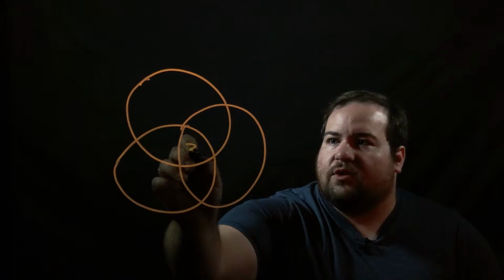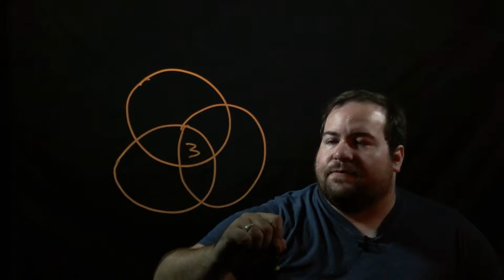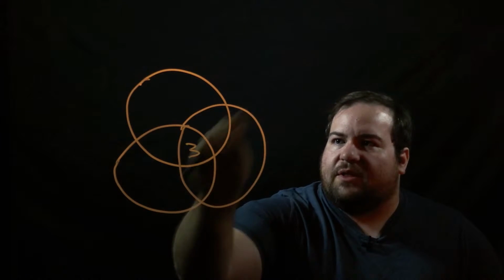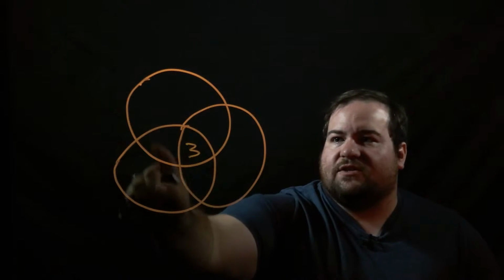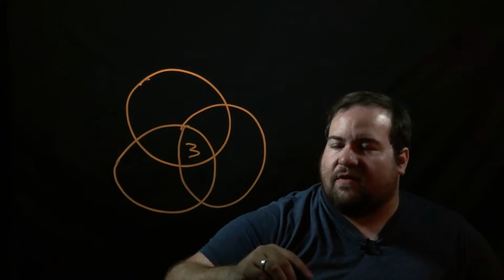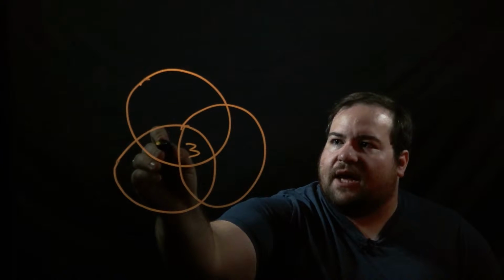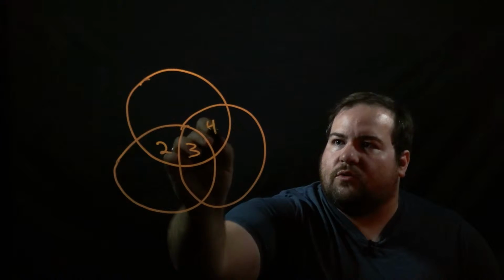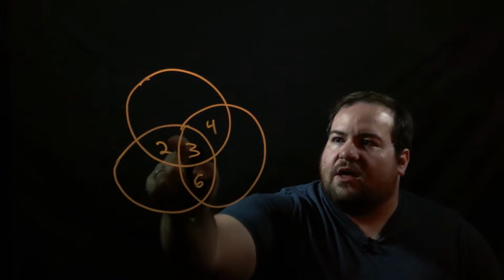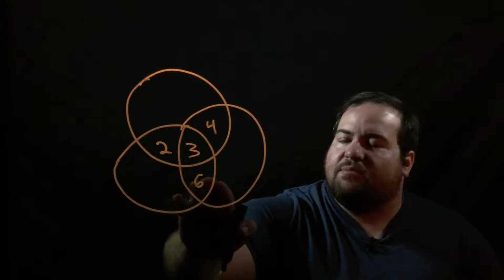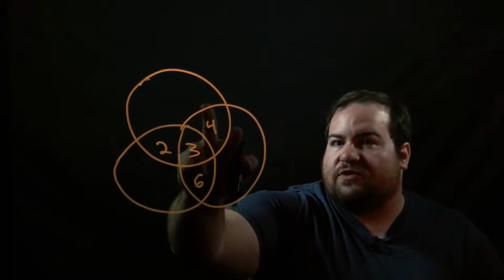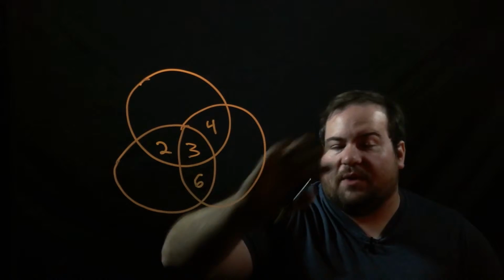So right here in the middle, marked by the number 3, you get the place where all 3 of these circles intersect. Then surrounding that, put 2, 4, and 6 over here. 2, 4, and 6 represent places where 2 of the circles overlap, but not all 3.